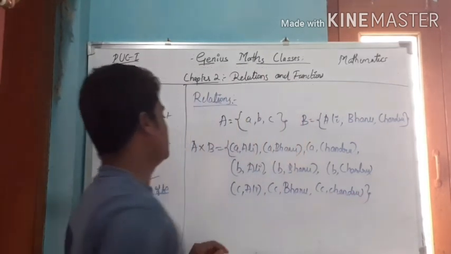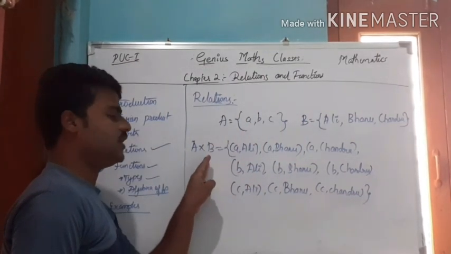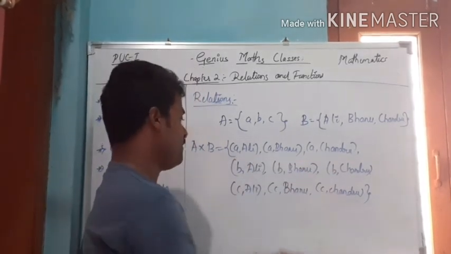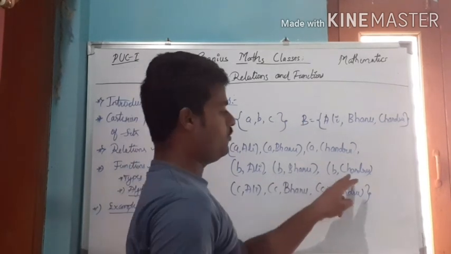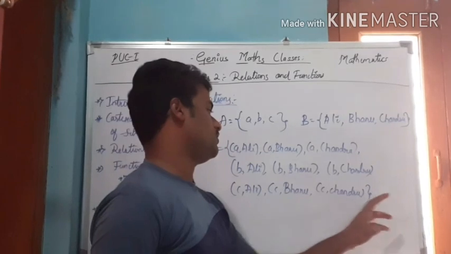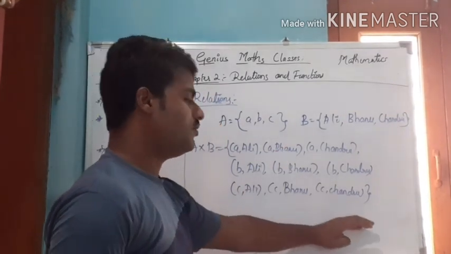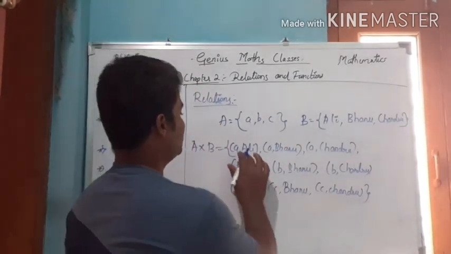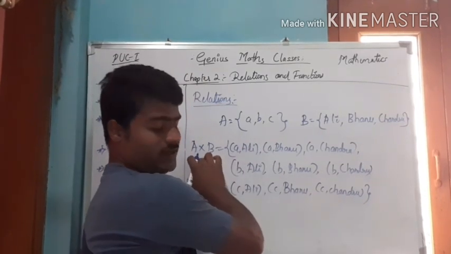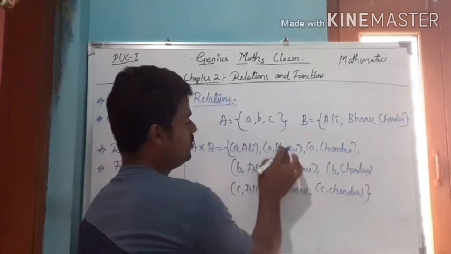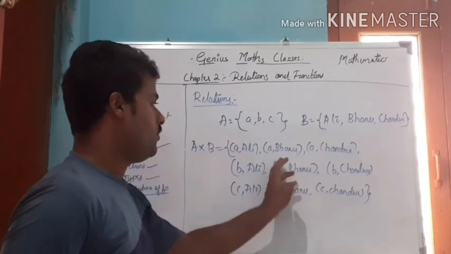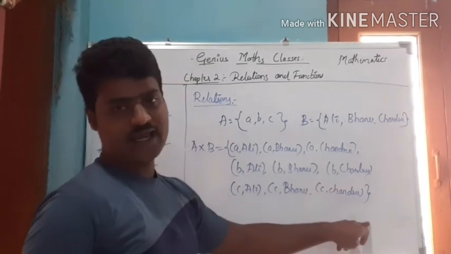So these are the elements of the Cartesian product A cross B. These are 9 ordered pairs: 1, 2, 3, 4, 5, 6, 7, 8, 9. There are 9 elements in A cross B.